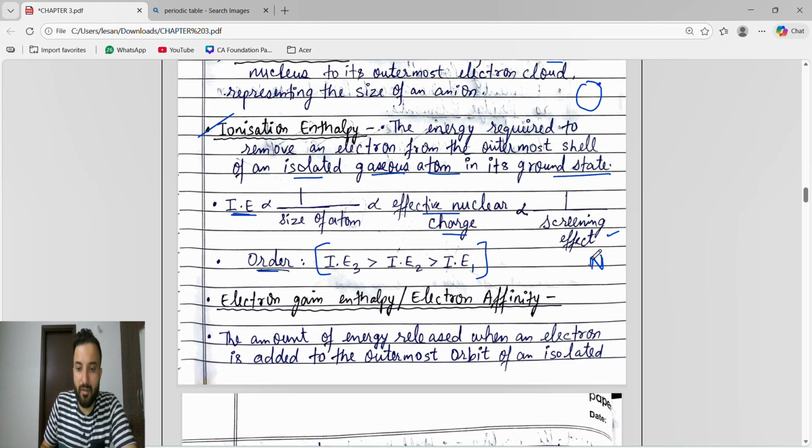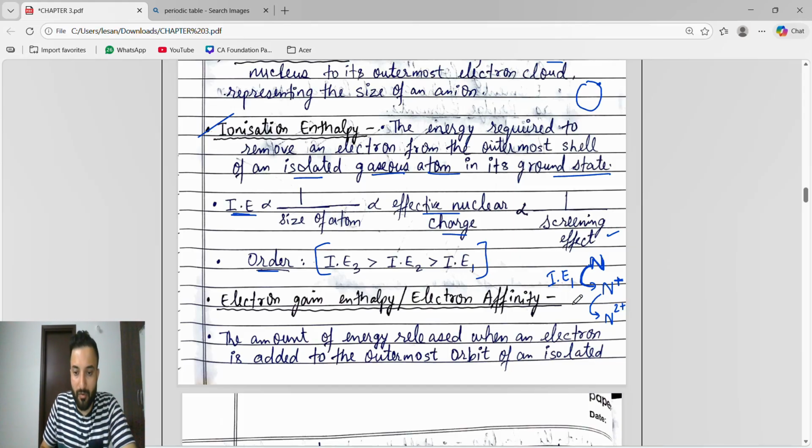So guys, see what will happen. This is a neutral element, N. From here I remove one electron, and it becomes N plus. This step, removing the first electron from the neutral element, is called first ionization enthalpy. Now we have N plus, and from it I remove one more electron, it becomes N2 plus.